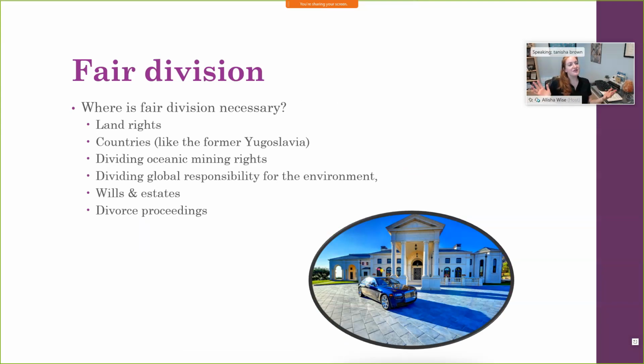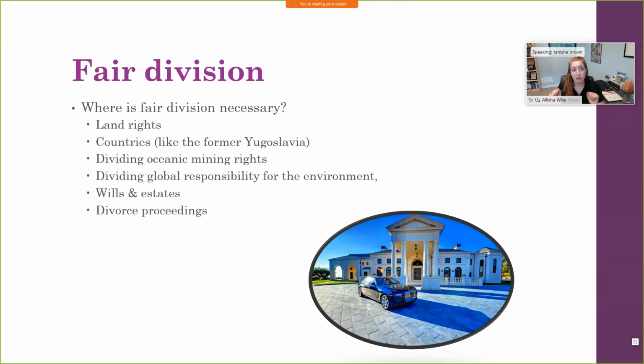Right? So fair division can be seen in places like if you were trying to divide up land rights or mining rights, countries, like if they divide up countries, how do you divide that up? Dividing oceanic mining rights, dividing global responsibility for the environment, like how do you fairly divide that? What is fair? Lots of conversations about that.